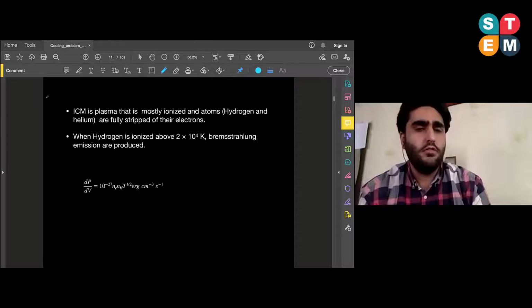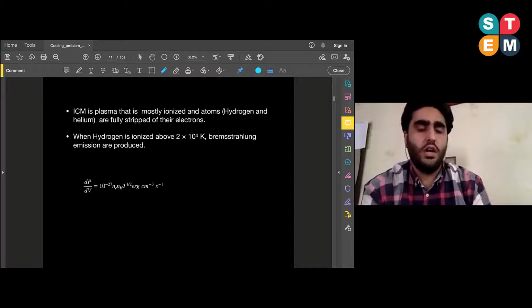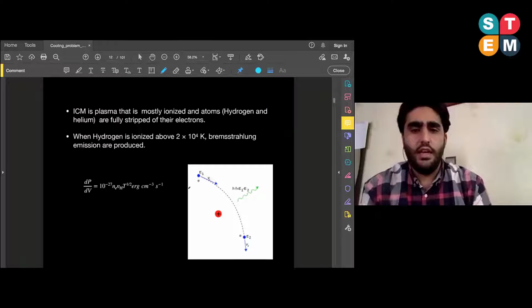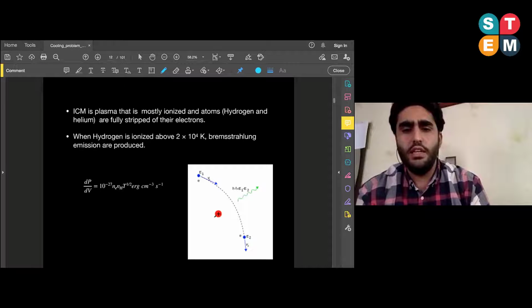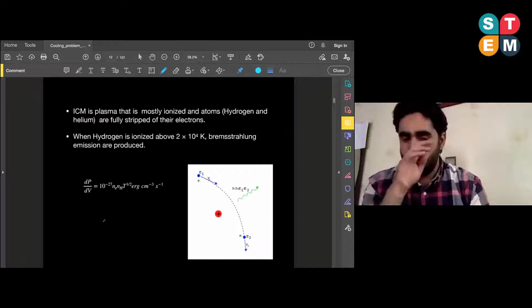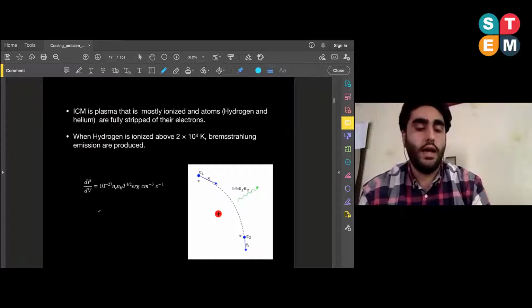Because of the presence of ions in that area and the high temperature, when electrons move in the electric field of ions, they emit X-ray photons, which is known as the Bremsstrahlung phenomenon.